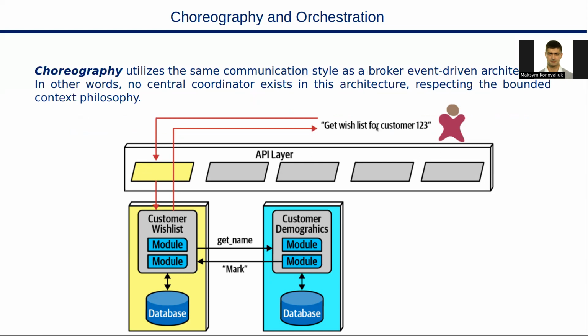Choreography utilizes the same communication style as the broker event-driven architecture. In other words, no central coordinator exists in this architecture, respecting the bounded context philosophy. There is no central service that knows at which moment we should execute this service or another. Each service knows which service it should execute and what the next step is. There are pros and cons to this approach.